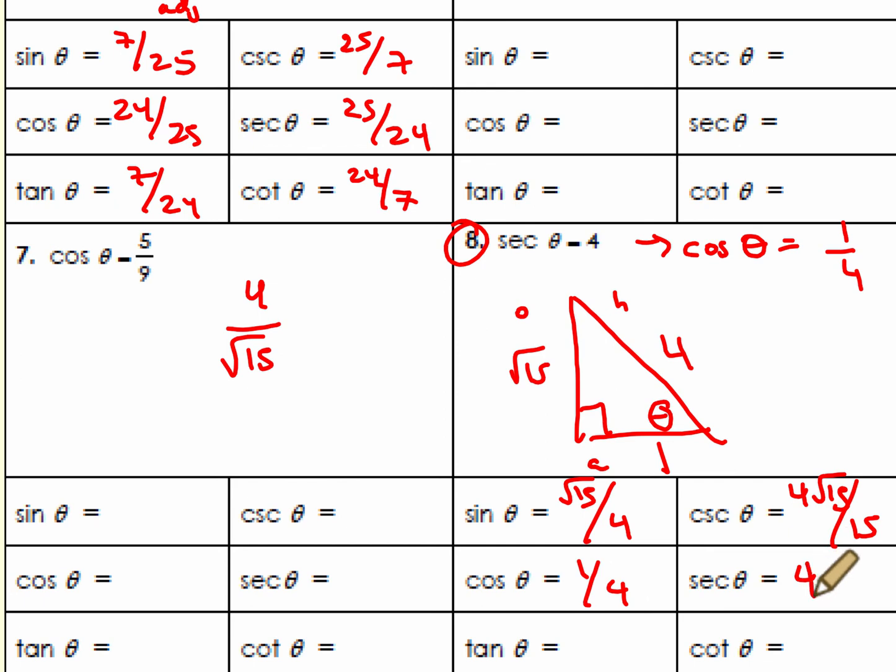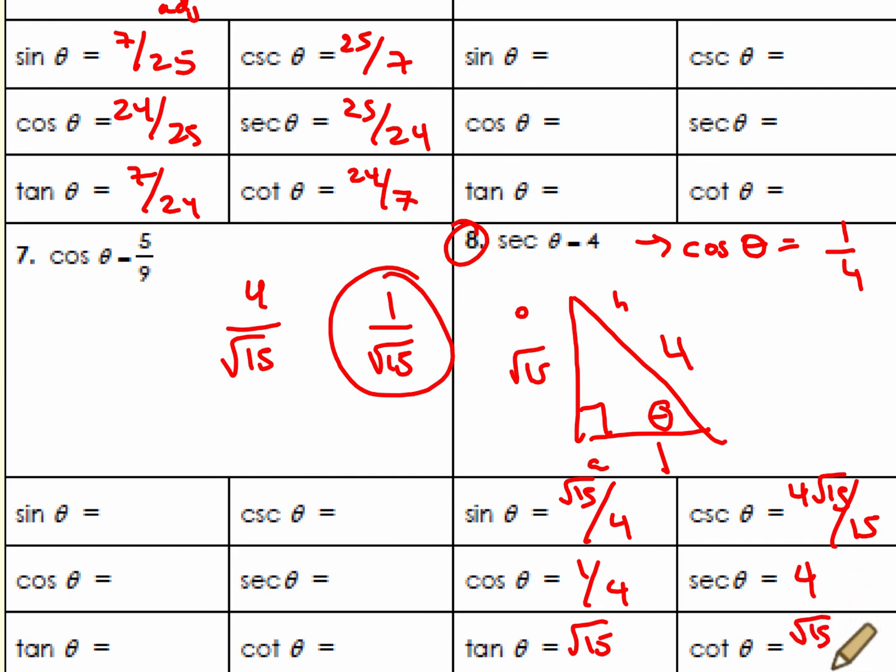We already had that, of course. Tangent is opposite over adjacent, which is square root of 15 over 1, which is just square root of 15. And cotangent is its reciprocal. And remember, we have to rationalize that. So that's going to give us square root of 15 over 15.